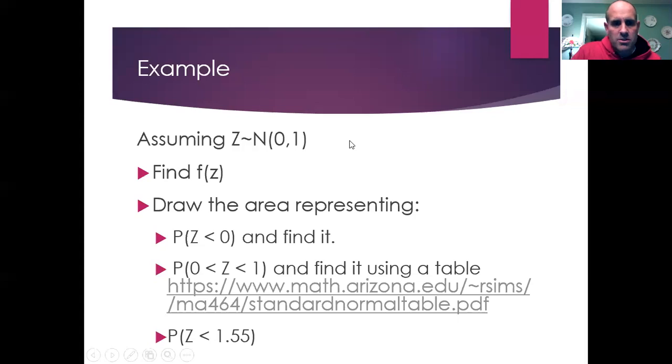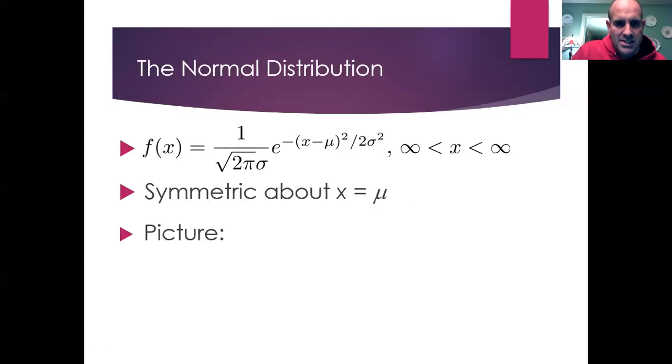So first of all, how do I find the density? Well, I can go back to the formula for the density right here and just plug in mu and sigma. Remember, this should be a negative sign right here. So I knew that mu is equal to 0 and sigma is equal to 1 for Z. So what would f of Z equal?